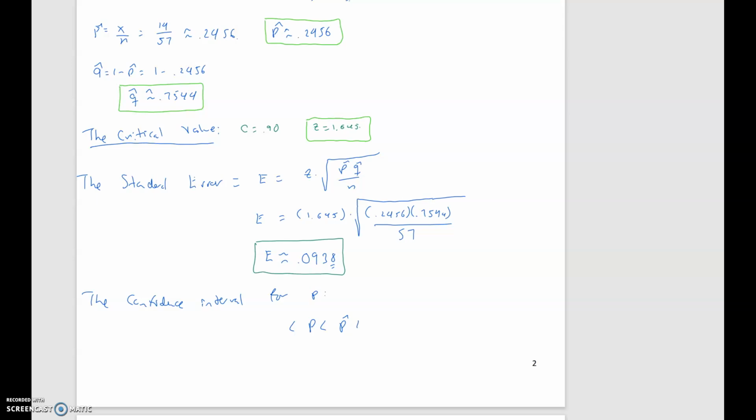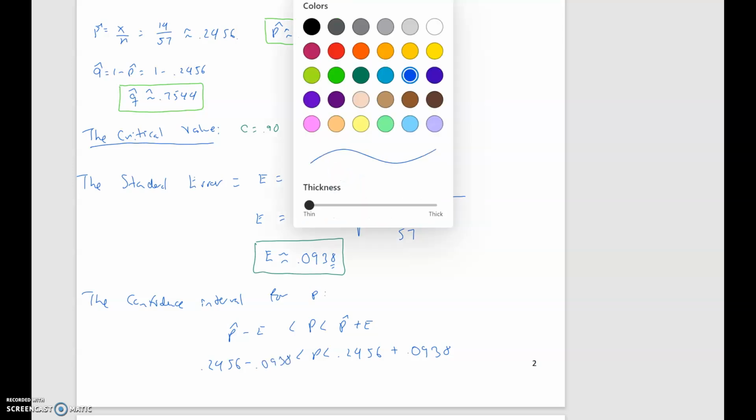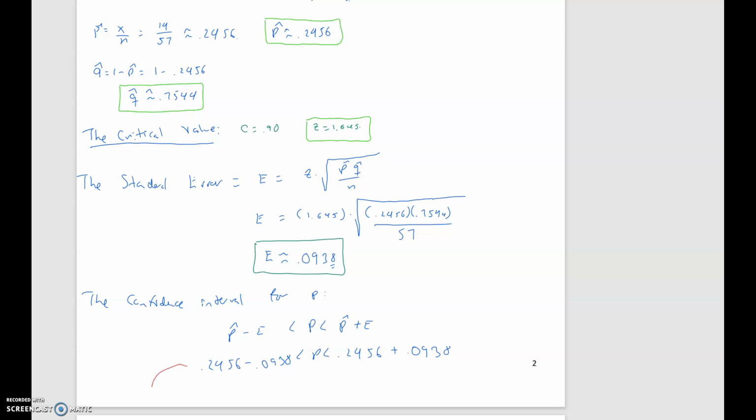So this will be P hat plus the error, and P hat minus the error. So our P is going to be bounded by 0.2456 plus 0.0938, and then 0.2456 minus 0.0938. And let me carry this to the next page.